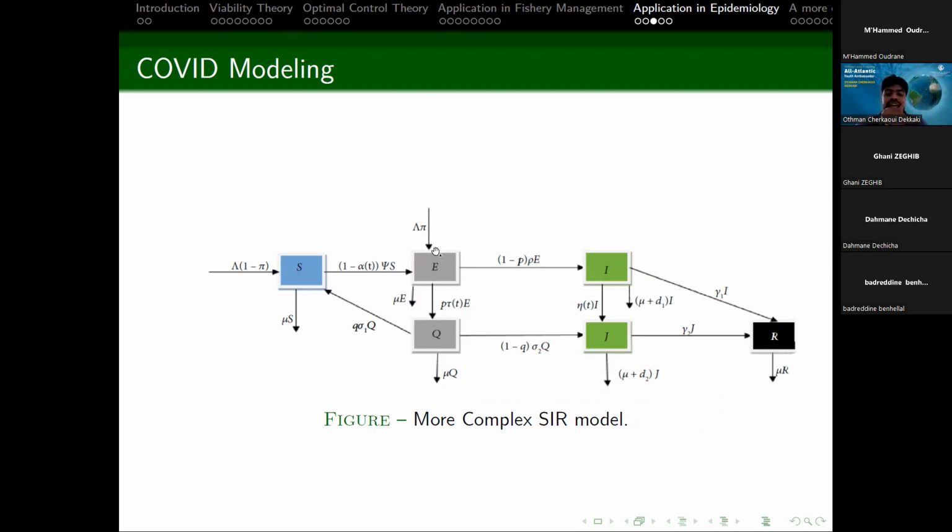But now there are a lot of new compartments, meaning that people who are susceptible might get sick and not need to go to the hospital. Some of them will need to go to the hospital. Some of these people will just go out from the hospital.